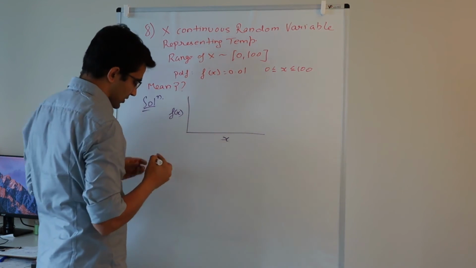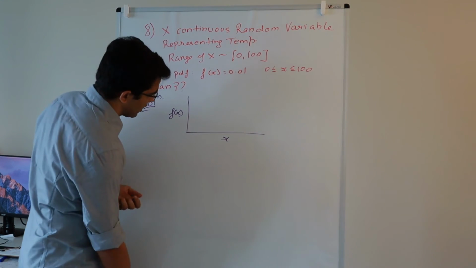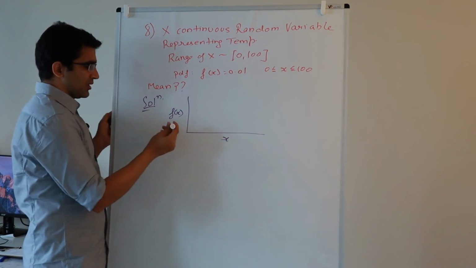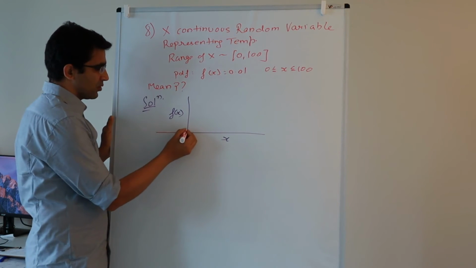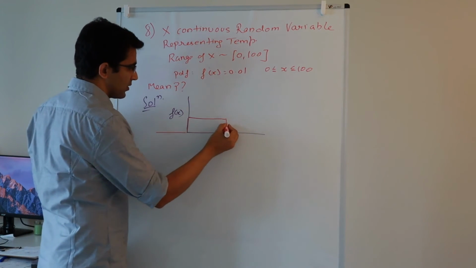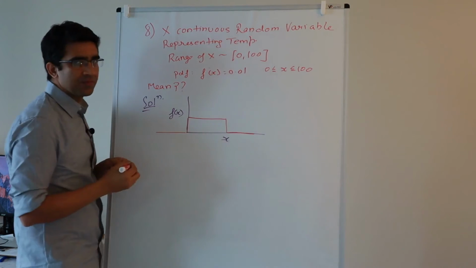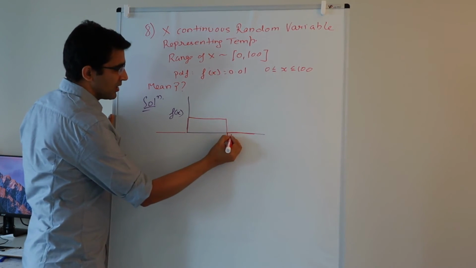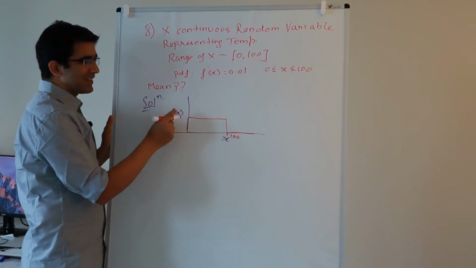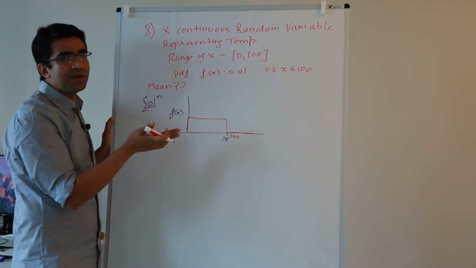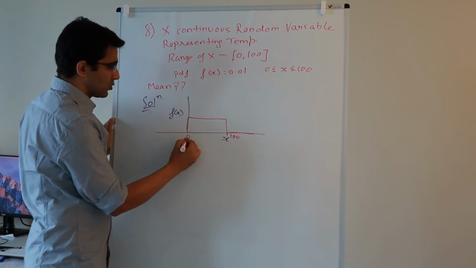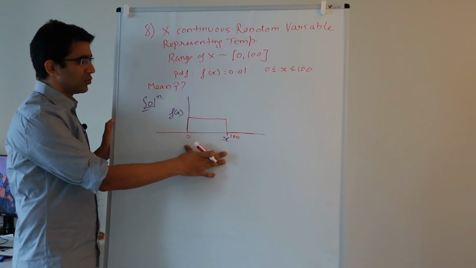So it goes something like this in this case. It's 0 here, between 0 and 100 you get this kind of a curve. This point is 100, and this is what we call a uniform distribution.